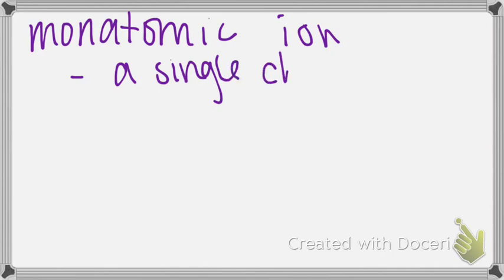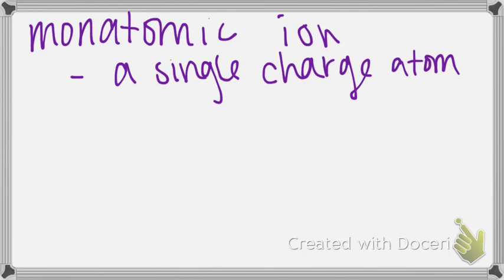Okay, so we're going to talk about something called monatomic ions. What does monatomic mean? 1 ion. A monatomic ion is a single charged atom. Mono means 1, right?